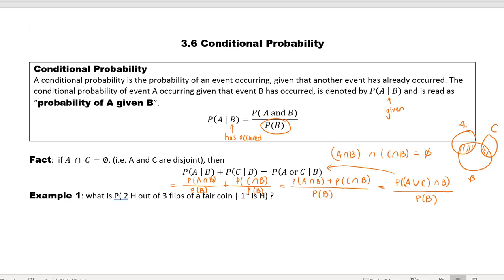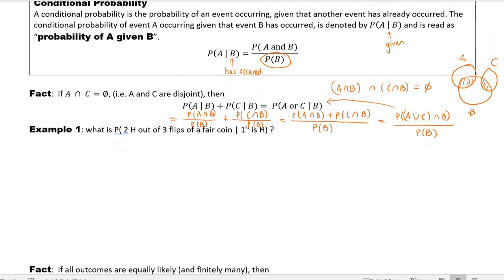Example 1. What is the probability of 2 heads out of 3 flips of a fair coin, given that the first is head? Okay, so we flip the coin 3 times.